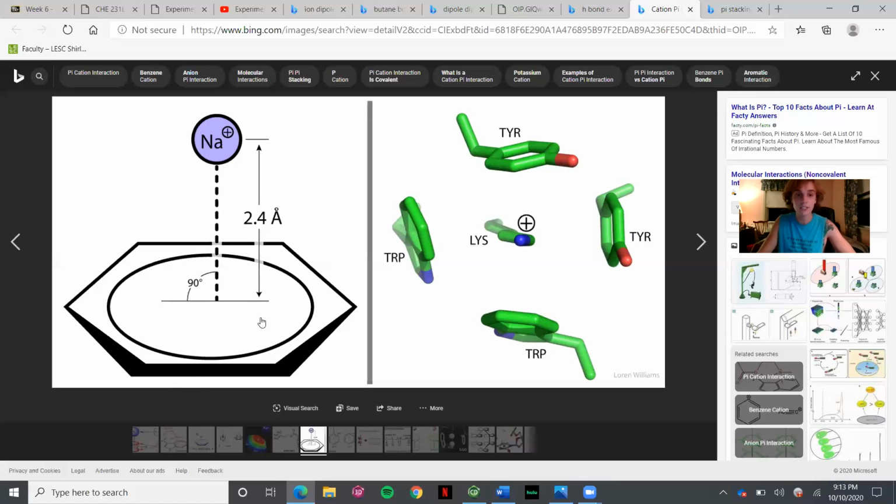Because the electrons are delocalized, they can spread out perfectly, as close to the center of the hexagon as possible without breaking their bonds to the nuclei of the carbons on the outside, and stabilize the cation in position. So you can stabilize sodium plus, magnesium 2 plus, or zinc 2 plus directly over a benzene ring.